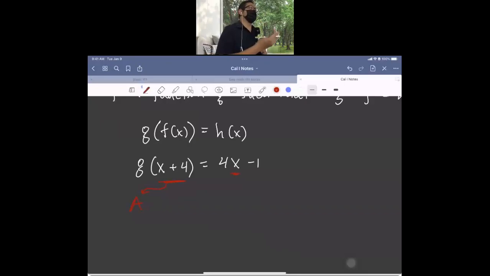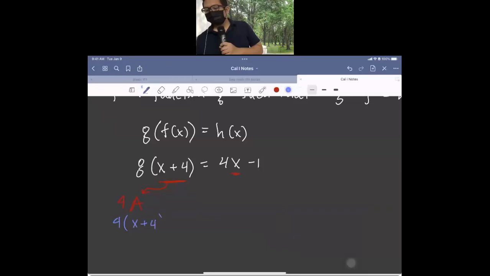So it should be multiplied at least by 4. If we imagine a is x plus 4, then 4 times x plus 4 is going to be plus 16. But we want to have minus 1.